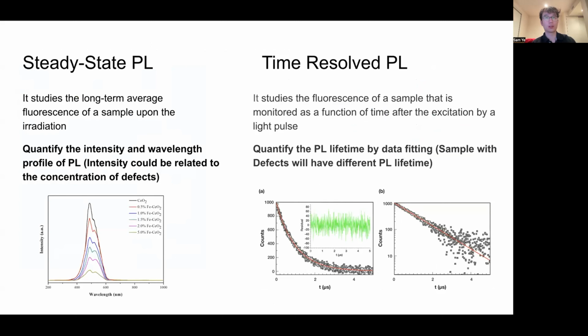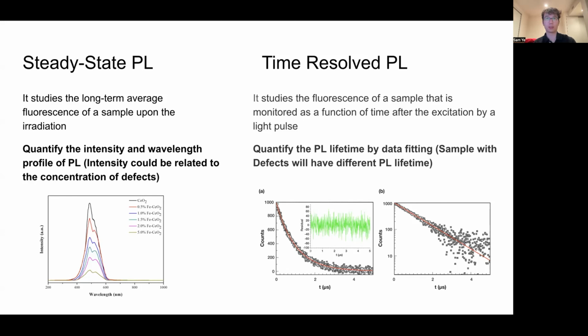So there are two categories of PL, both of which can provide some sort of information about the defects. First, steady-state PL. It studies the long-term average fluorescence of a sample upon radiation, and it quantifies the intensity and wavelength profile of PL.